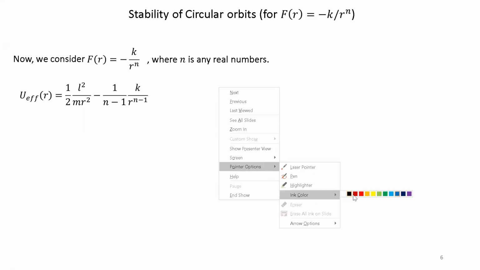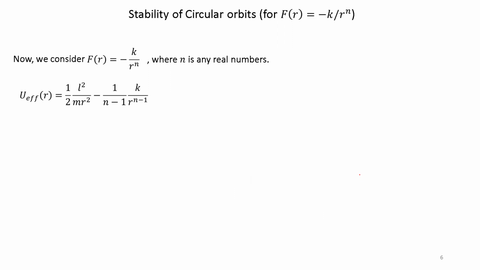This is the U, the real potential. You can verify yourself that this is correct: take the derivative of this, pick up a minus sign, and you get the force.